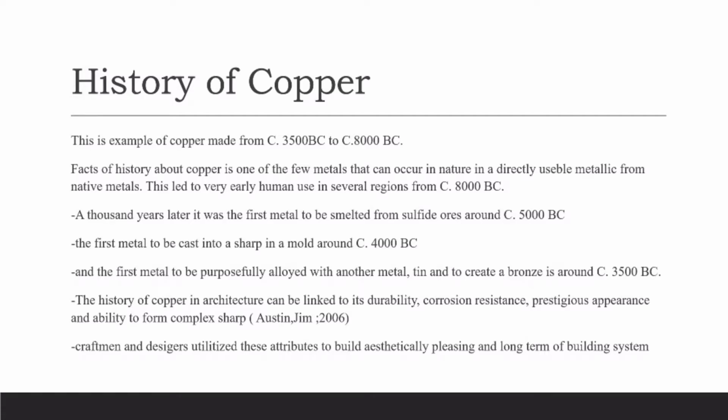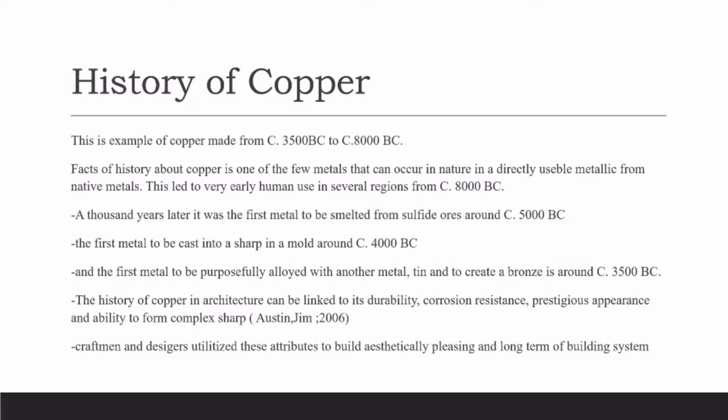A thousand years later, it was the first metal to be smelted, around 5000 BC. It was the first metal to be cast into a shape in a mold around 4000 BC, and the first metal to be deliberately alloyed with another metal, tin, to create bronze, around 3500 BC.